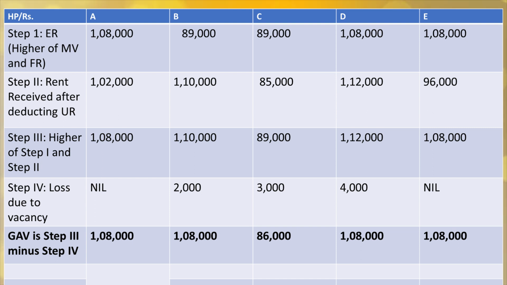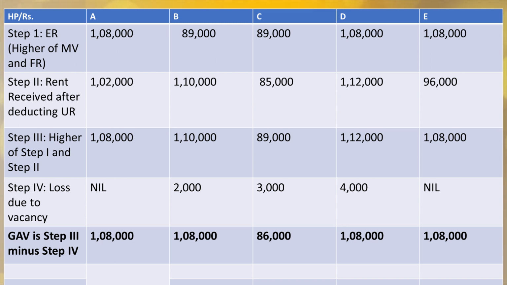Step 4, we have to see loss due to vacancy. In the first house there is no loss, second house 2,000, third house 3,000, fourth house 4,000, and in the fifth house there is no loss due to vacancy. So GAV, the gross annual value, is step 3 minus step 4. In case of house A we see it is 1,08,000, house B it is 1,08,000, house C it is 86,000, house D 1,08,000, and house E 1,08,000.